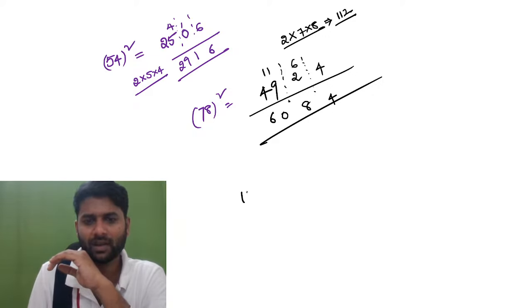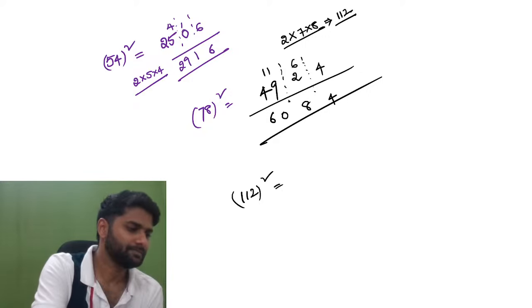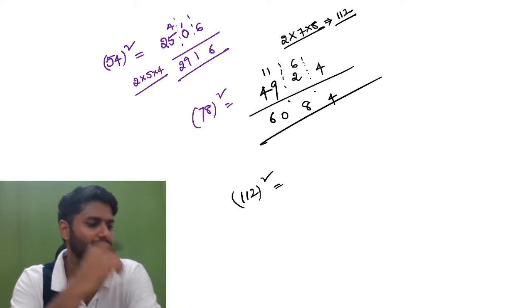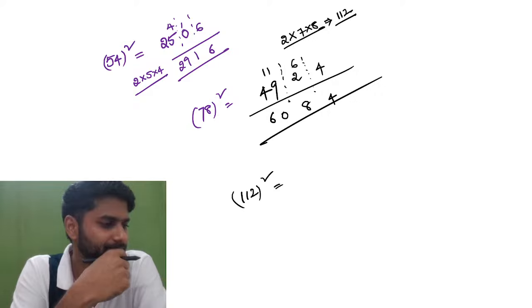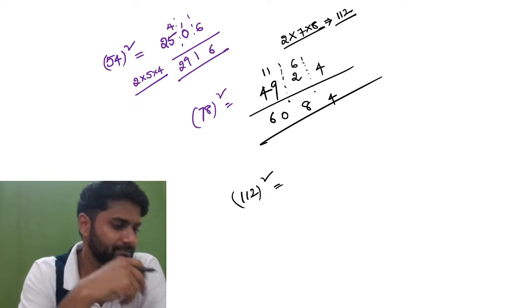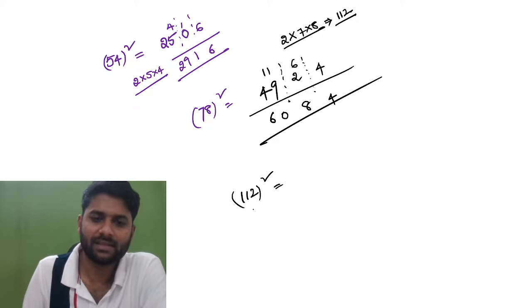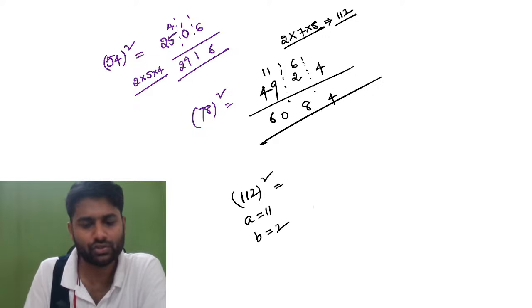Let's go for 112 square. In this case, you have to consider a is equal to 11 and b is equal to 2.